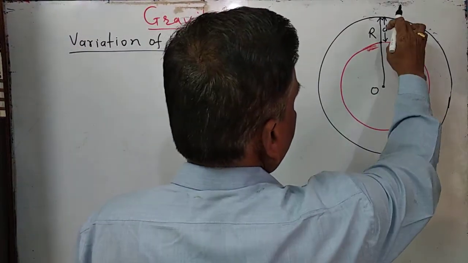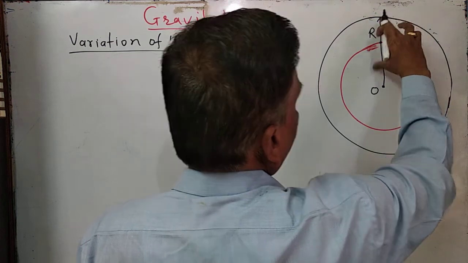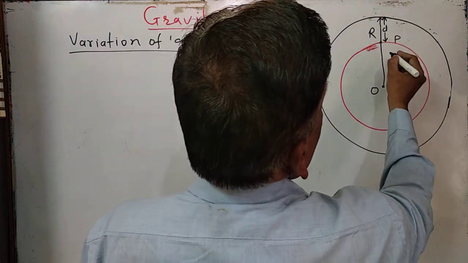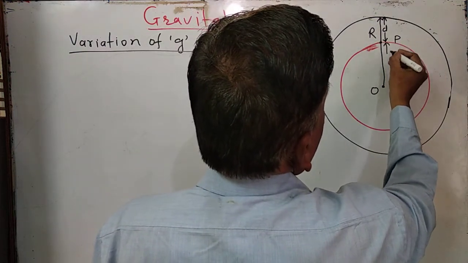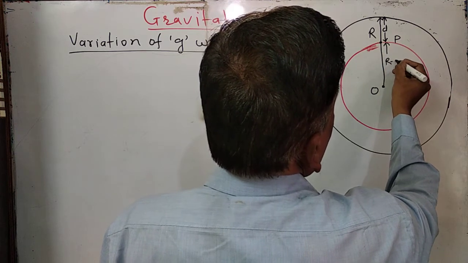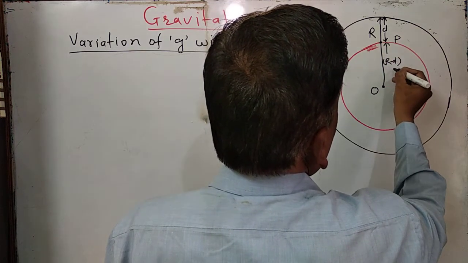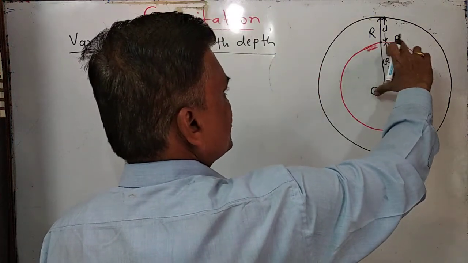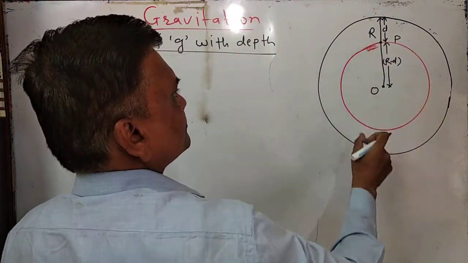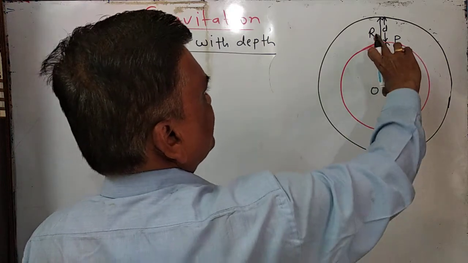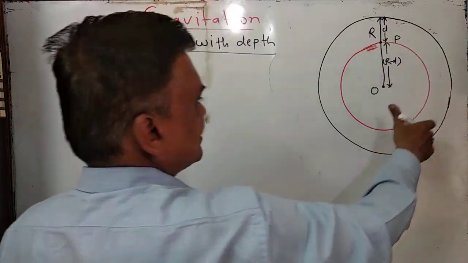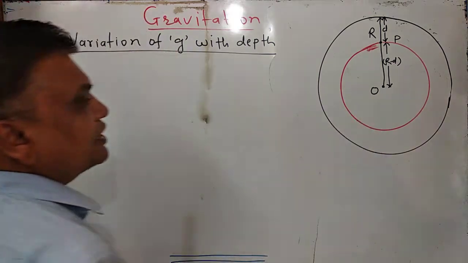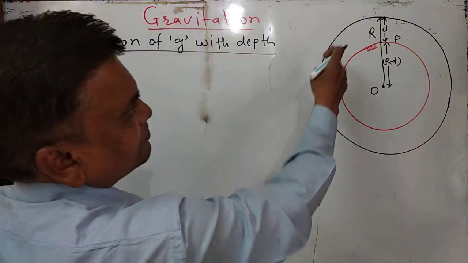Now if this is small d, and this is capital R, then this distance becomes equal to R minus d. So this is the radius of the red sphere, and capital R is the radius of the black sphere.